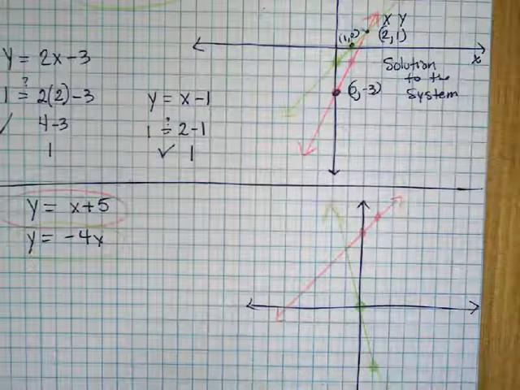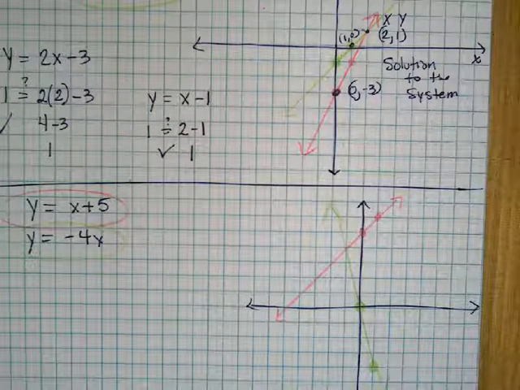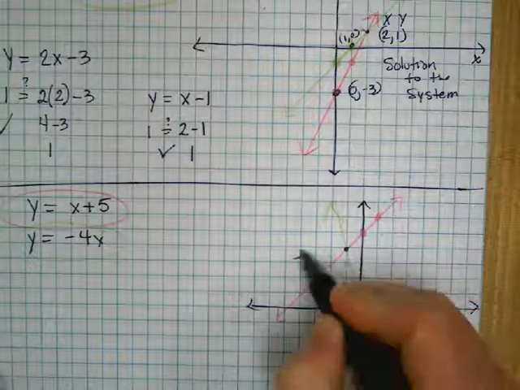Where does it appear that these two cross each other? Negative 1, 4.